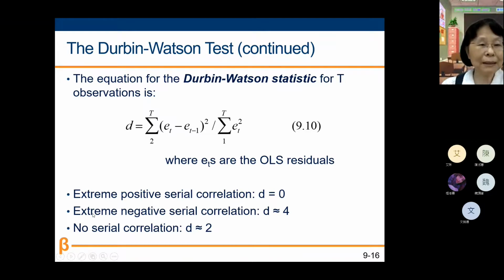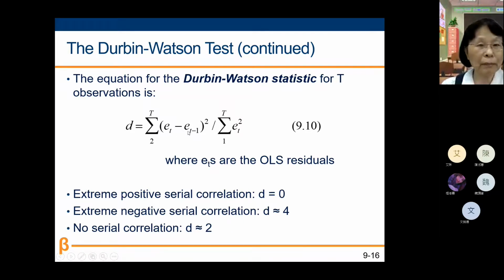Okay, for the second situation, extreme negative serial correlation. On the opposite, negative serial correlation means these two terms, e_t and e_t minus 1, have opposite signs but very close magnitude. So the difference of these two terms will be like 2e_t. Then you square it, and it turns out to be 4e_t squared.